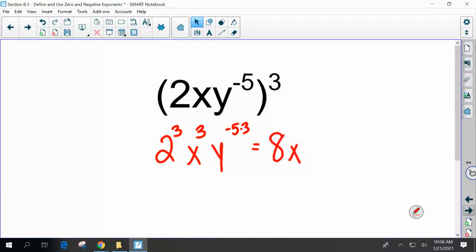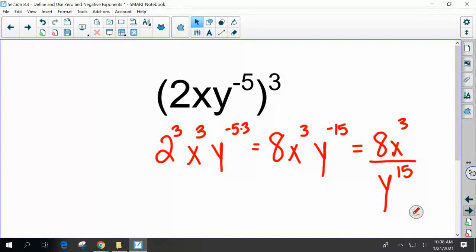And then I still have x to the third, and then y would end up being to the negative 15th power. And I cannot leave y to the negative 15th, so I have to bring that underneath. Basically, I'm going to make this whole entire problem a fraction. So I'm going to have 8x to the third on top, and then I'm going to have y to the 15th in the denominator.